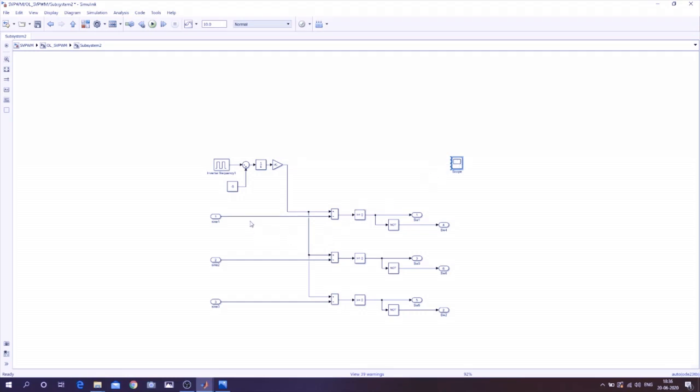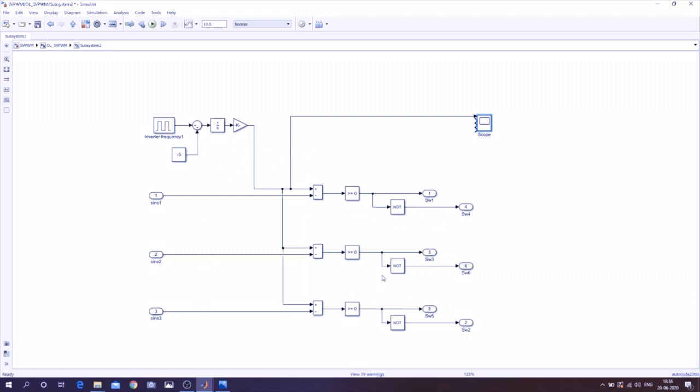In here, we have just generated one triangle, a carrier wave. If you want to know how this triangle is generated, just refer to my earlier videos, the link is given there. Okay, so this is the triangle, and this one is the resultant sine wave.